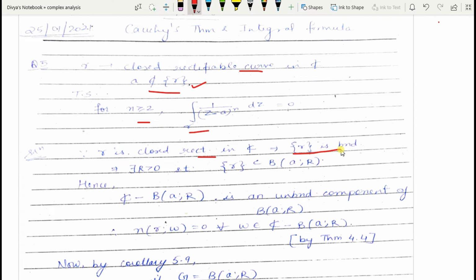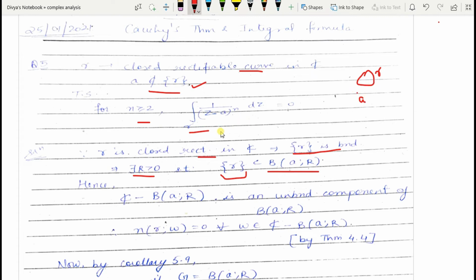Now since gamma is closed rectifiable, that means the curve gamma is bounded, right? So there will exist an r greater than 0 such that this whole curve gamma is contained in the ball centered at a with radius r. Since a is not contained in gamma, let us see. This is gamma, and a is not in the curve gamma.